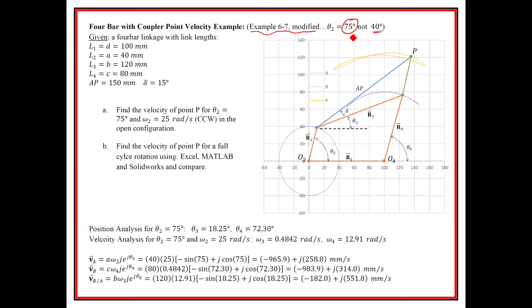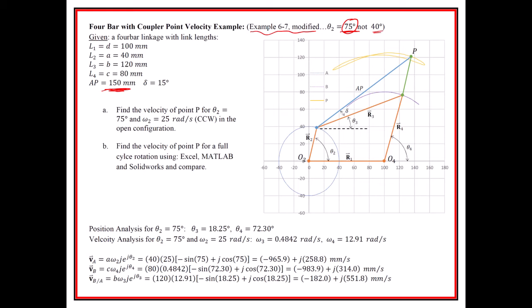So what I've done is modify the position, and I also added, from the original example, an extension onto the coupler for the previous video, in which I modified the full rotation and demonstrated that. And then I made a velocity also, right?